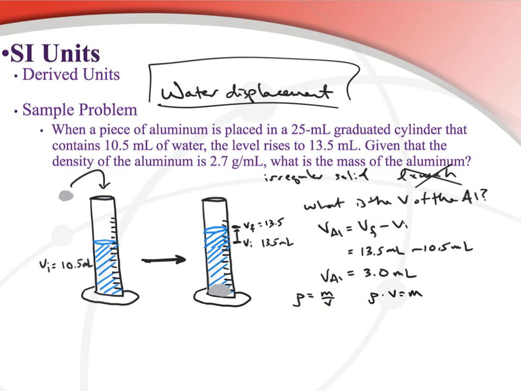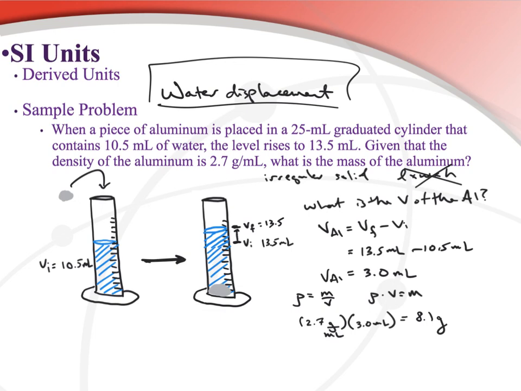And if we plug those values in, the density is 2.7 grams per milliliter, and the volume is 3.0 milliliters. Okay, 2.7, do this on my calculator, times 3.0, and now it's a multiplication and division problem. I've got two significant figures here, two significant figures here, so my answer better have two significant figures. Comes up with 8.1 grams.